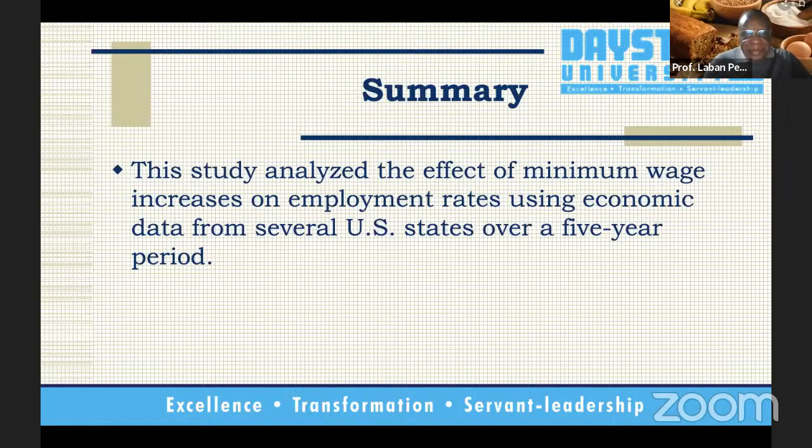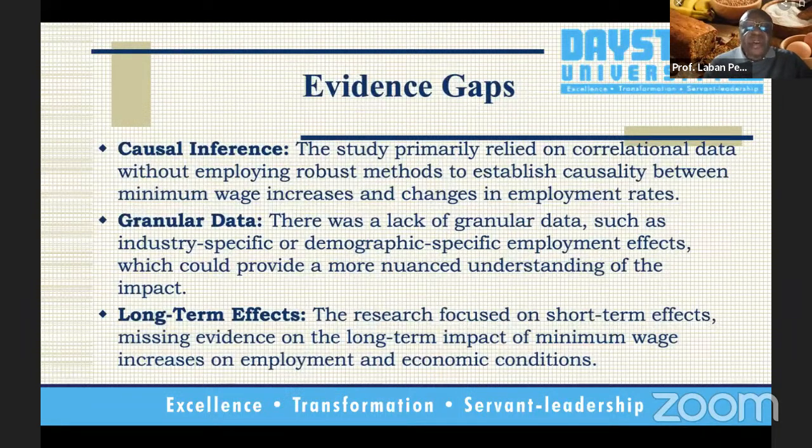So that's our gap. Evidence gap: there is a causal inference issue. The study primarily relied on correlational data without employing robust methods to establish causality between minimum wage increases and changes in employment rates.